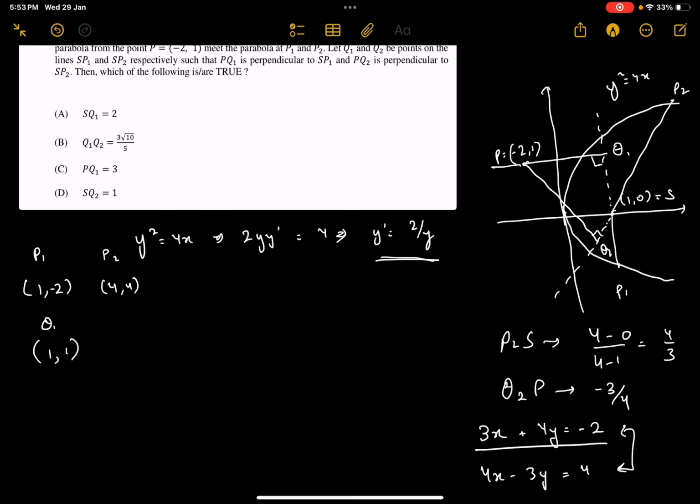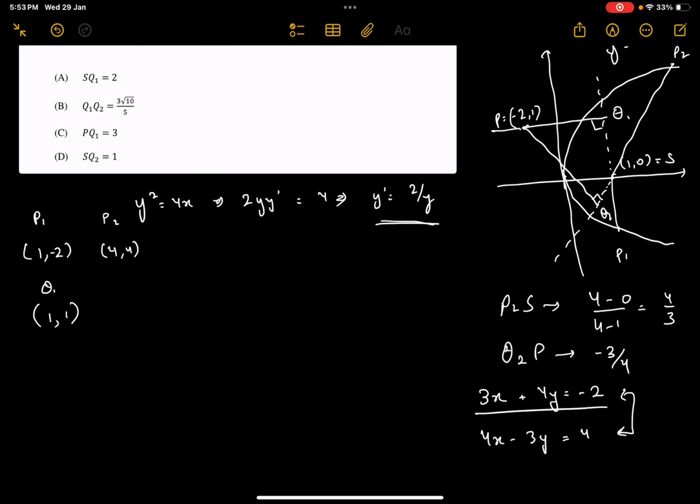Solving these two, multiplying this equation by 4 and this by 3, we get 25x equals 10, so x equals 2 by 5, which gives us y equals -4 by 5.